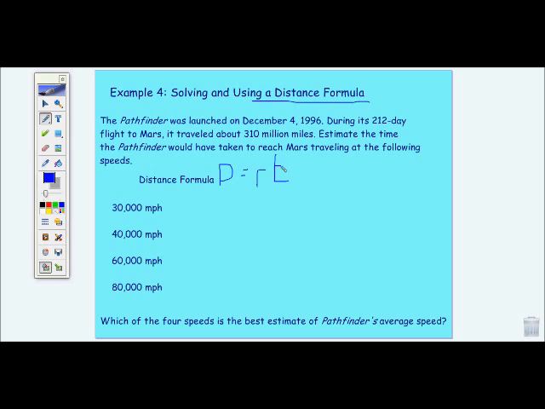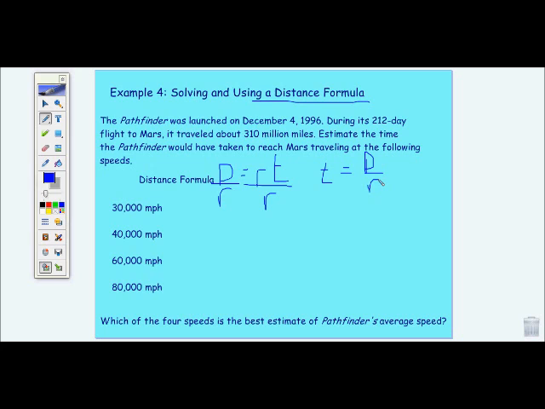I'm going to change that because I want to be able to solve for time. When I solve for time, I'm going to divide both sides by rate to isolate time. So now I have my new formula: time equals distance divided by rate.